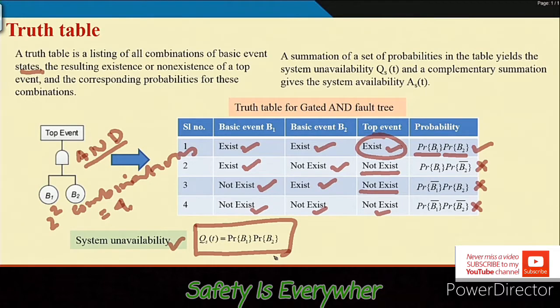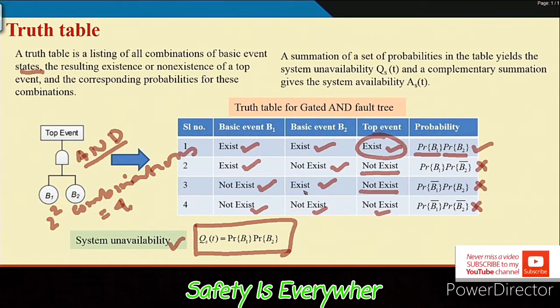In fact, you have done this earlier also, when we gave the AND gate fault tree, and we saw that the top event is the intersection of the bottom events, and the probability of the top event is the multiplication of the bottom event probabilities when the basic events are independent in nature.